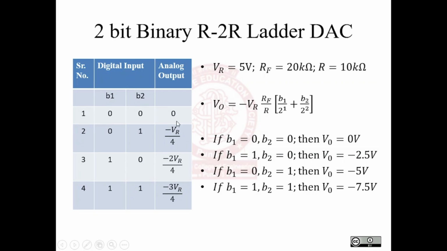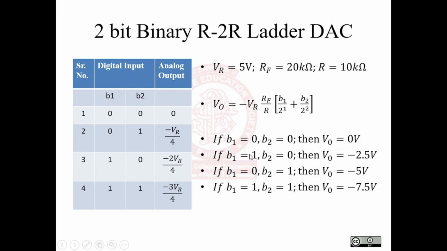Now these values are when RF and R are equal. In our case, the values of RF and R are different, that is, RF is 20 kilo ohm and R is 10 kilo ohm. So we have output voltage when B1 is 0 and B2 is 0, it is 0.